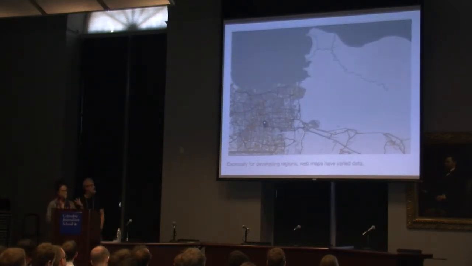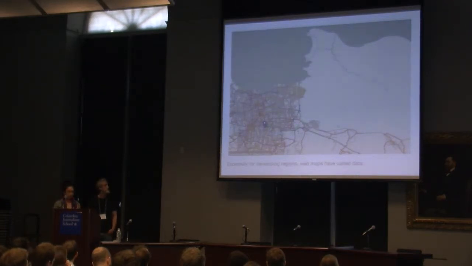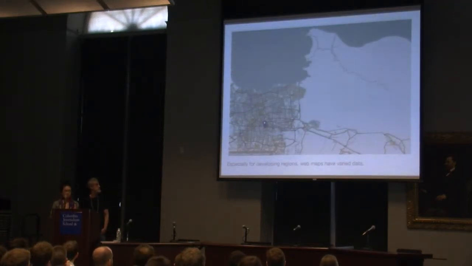OpenStreetMaps, which, as most of you know, is an open source version of a web map system like Google Maps, is the most widely used mapping system in Jakarta. It's much more reliable than Google Maps or Bing or Yahoo. But when we zoom out of the city, you can see that while the downtown area is very densely mapped, the area just to the east, which is also populated, has no information.